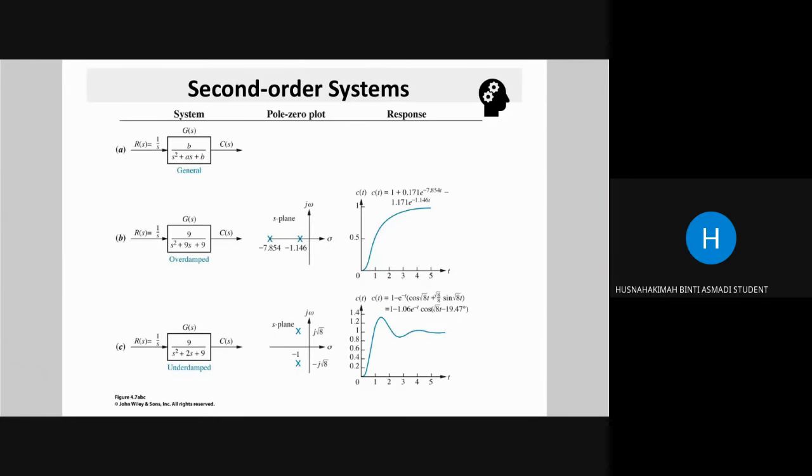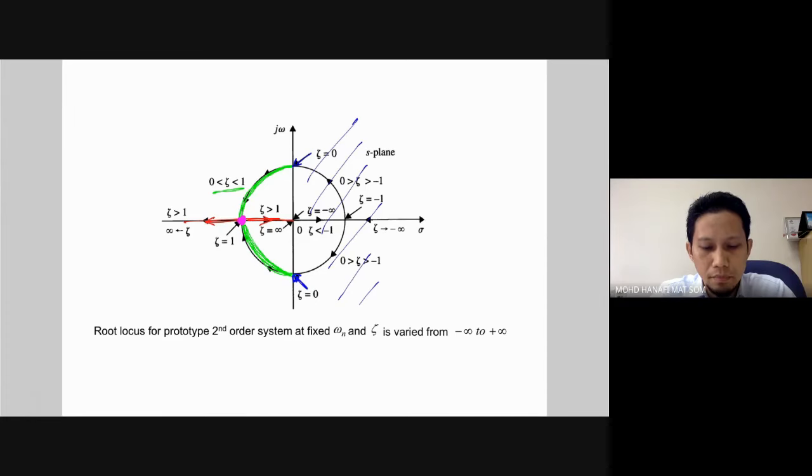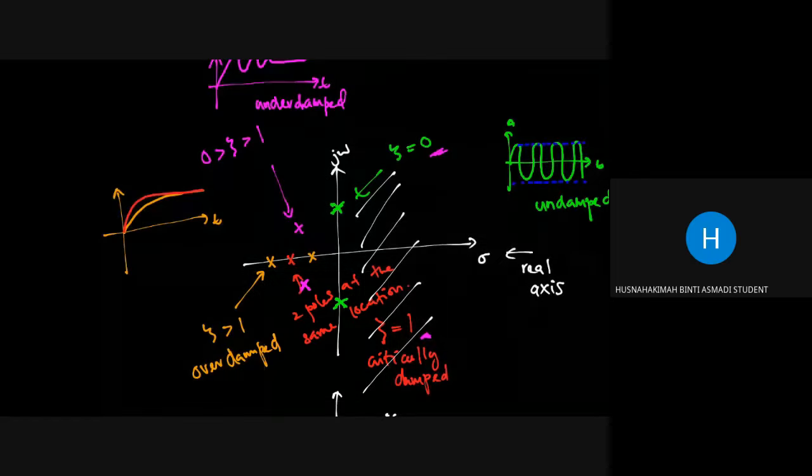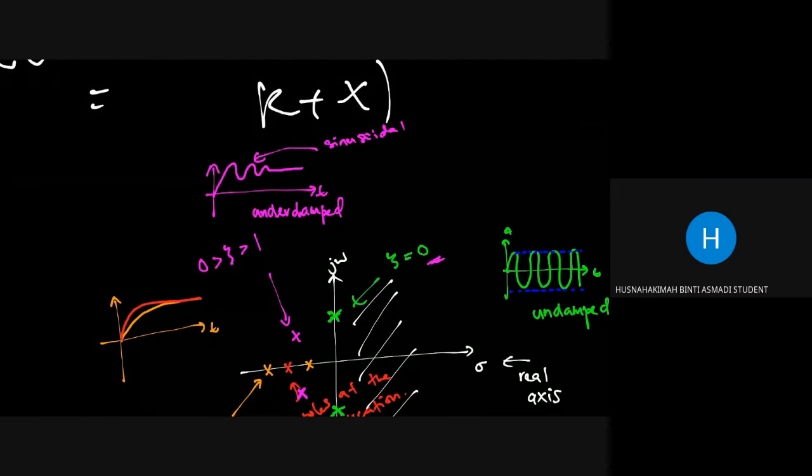For the underdamped oscillation, will there be any sinusoidal or no sinusoidal? Underdamped. The underdamped has sinusoidal. The difference between underdamped and undamped, if both have sinusoidal?